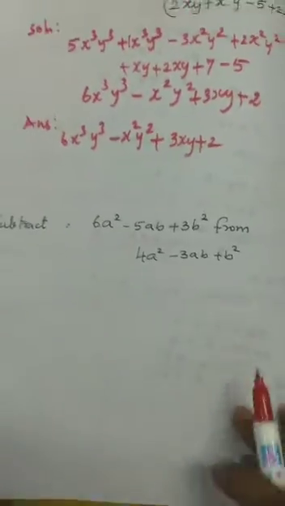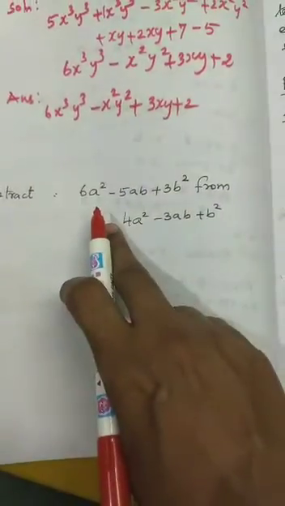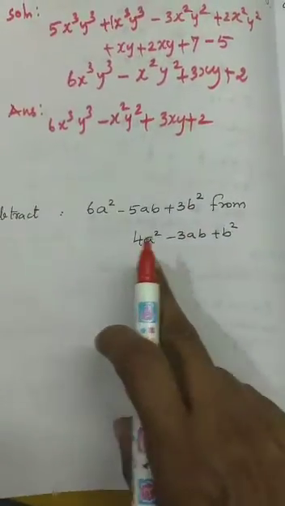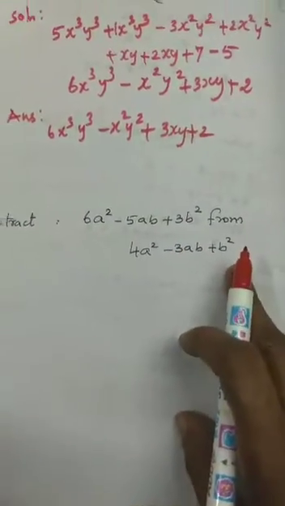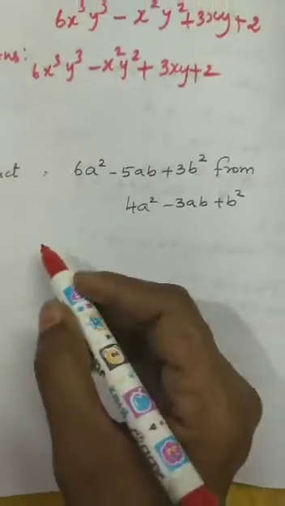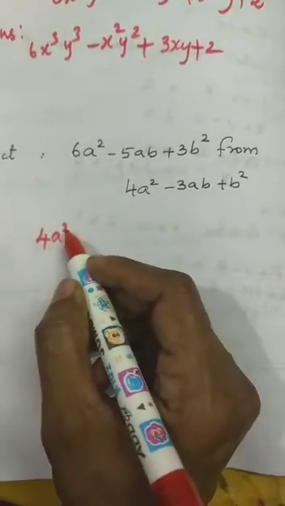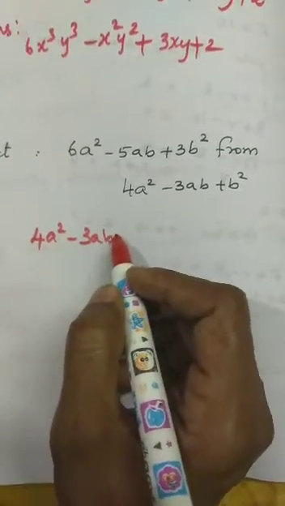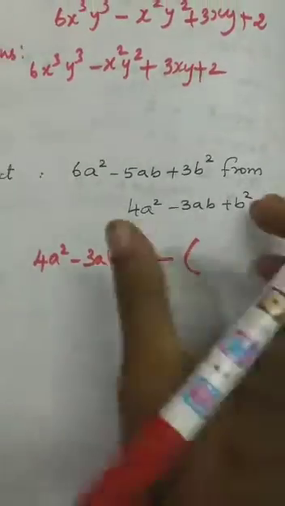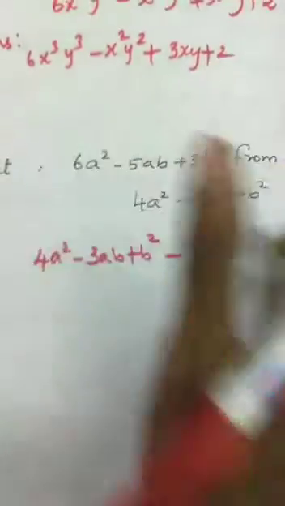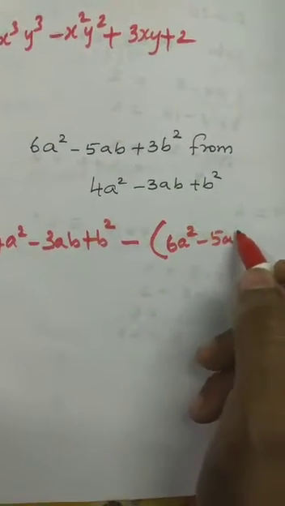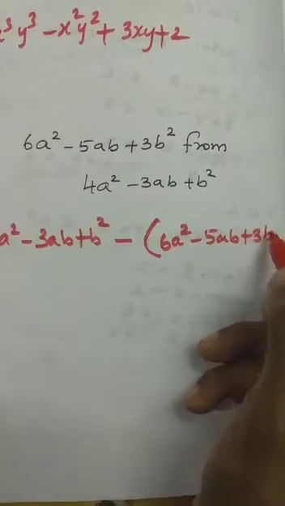Now we shall subtract one sum: 6a square minus 5ab plus 3b square from 4a square minus 3ab plus b square. Now from means we have to take this one first. So 4a square minus 3ab plus b square, minus, we have to subtract this one, 6a square minus 5ab plus 3b square.